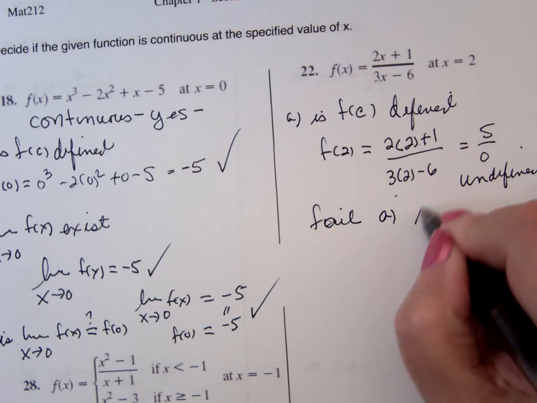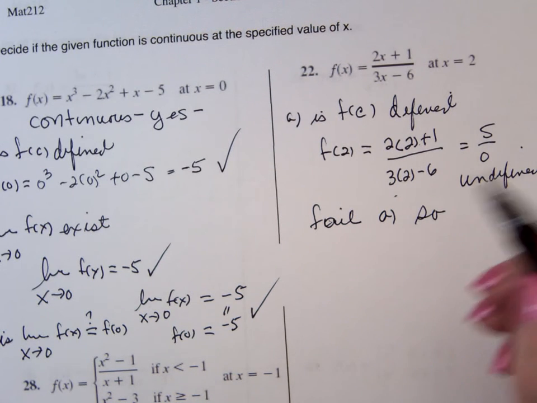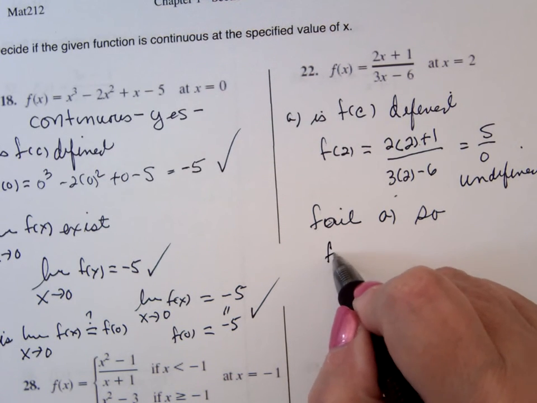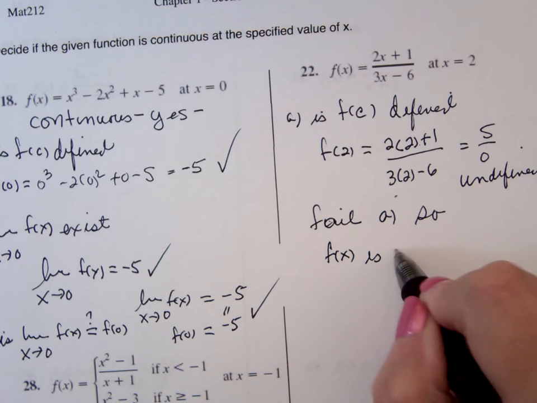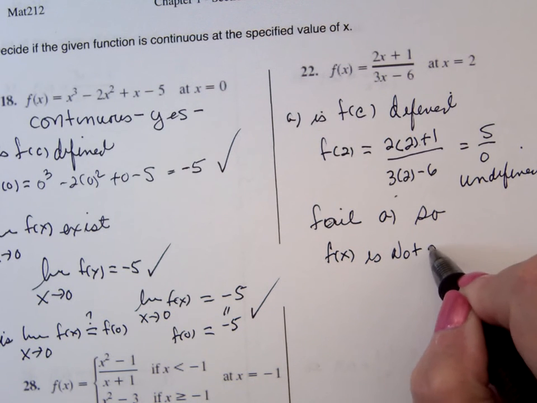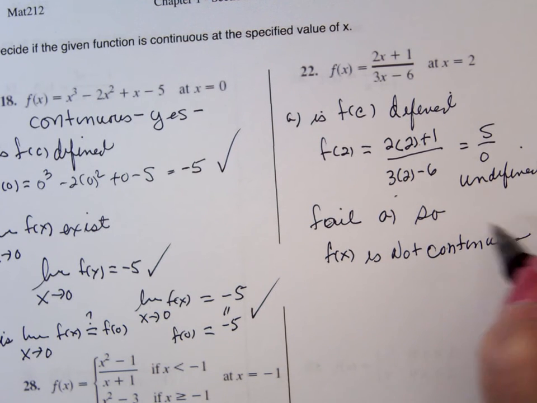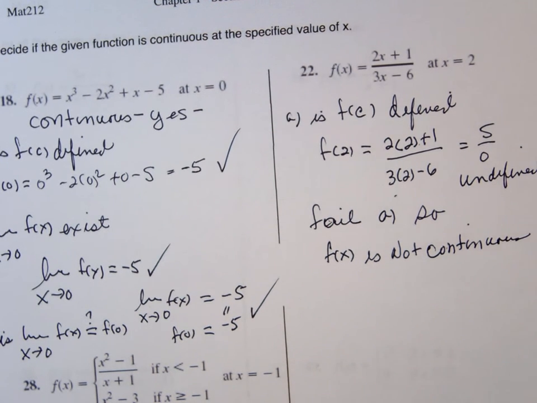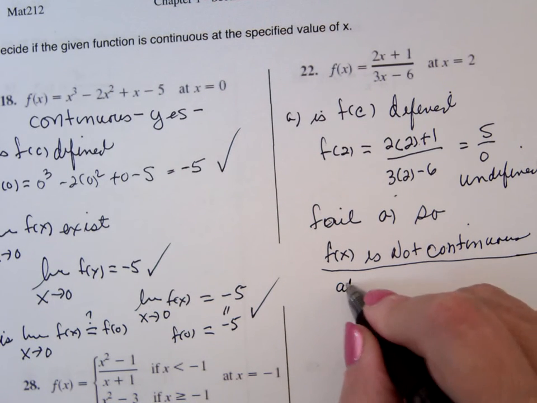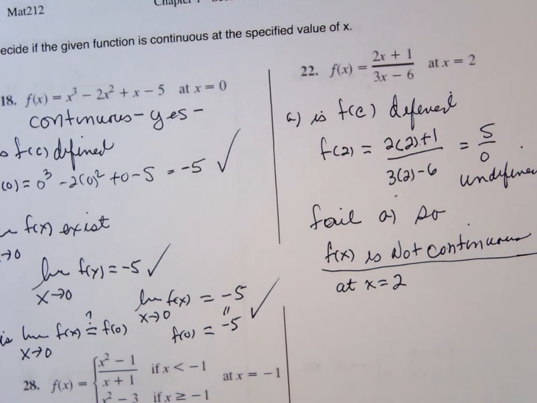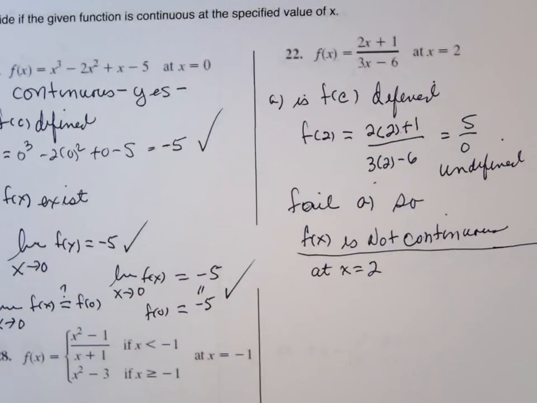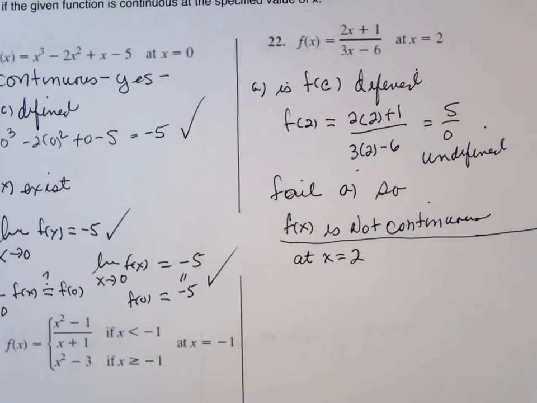A. So is f of x continuous? No. f of x is not continuous. And we know why it is not continuous. At x equal 2, what's happening? Vertical asymptote. We have a vertical asymptote.